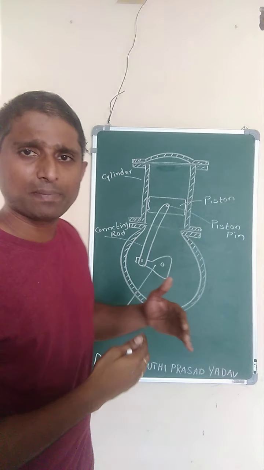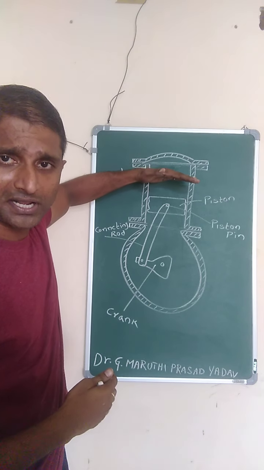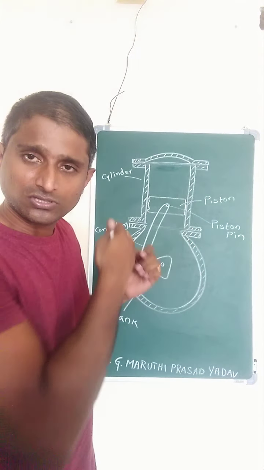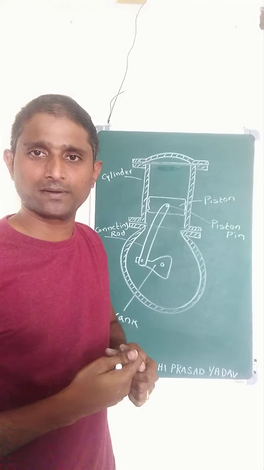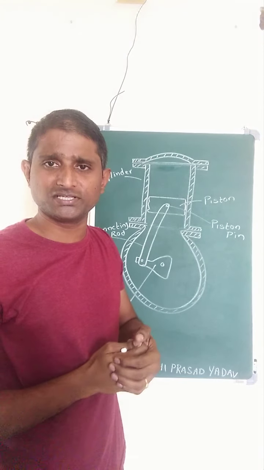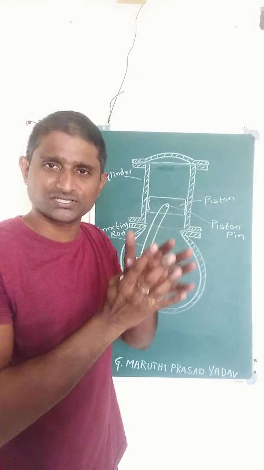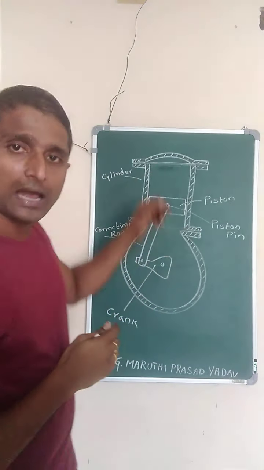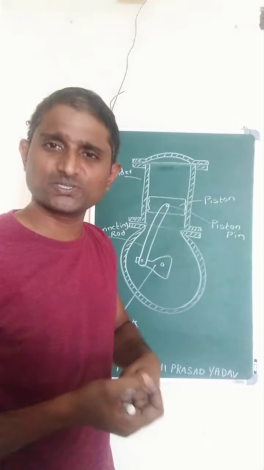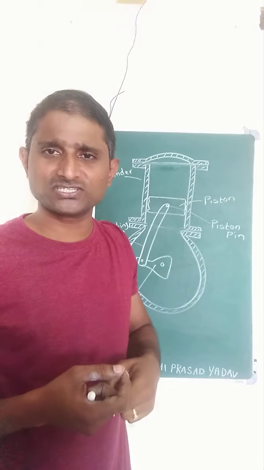The sequence happens like this: when the piston moves from TDC, top dead center, to the bottom dead center, suction takes place and the fuel air mixture gets into the cylinder. In the reverse stroke, when it moves from BDC to TDC, that charge gets compressed to very high pressure, and at that moment with the help of the spark plug a spark is produced which leads to ignition of the charge.